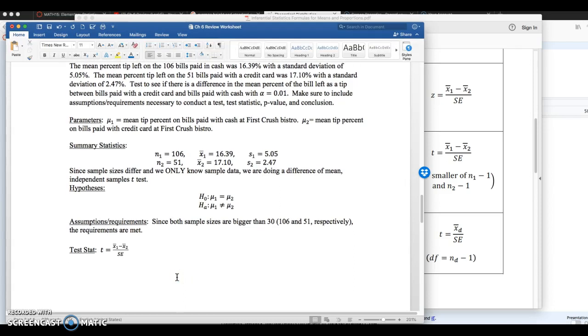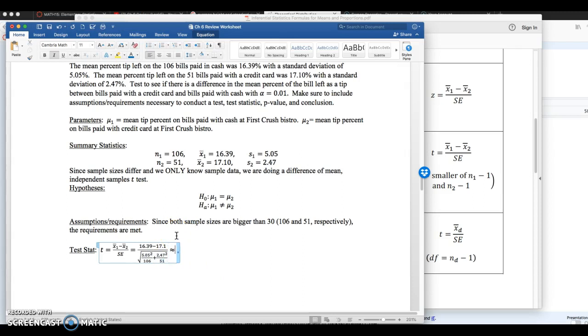If I were to compute this, this would be x bar 1, 16.39 minus 17.10, divided by the square root of the two sample standard deviations, 5.05 squared over 106, plus the other standard deviation, 2.47 squared, divided by 51.